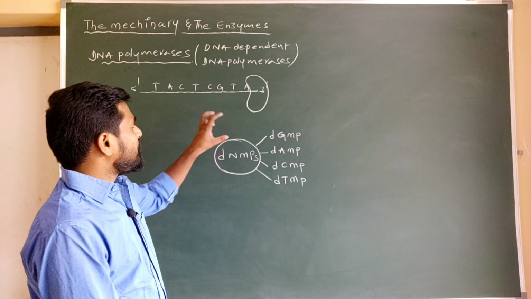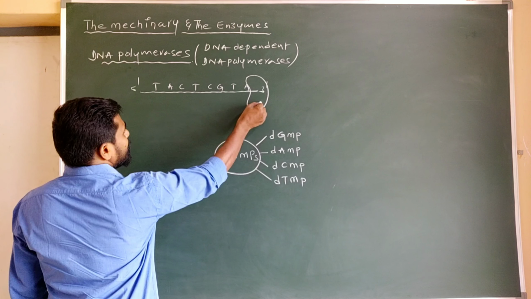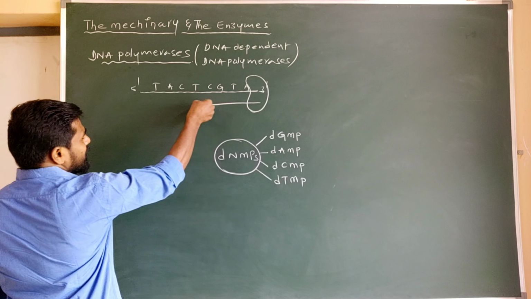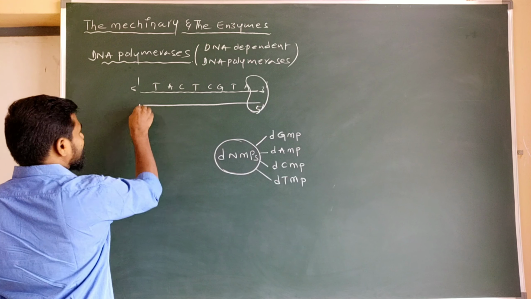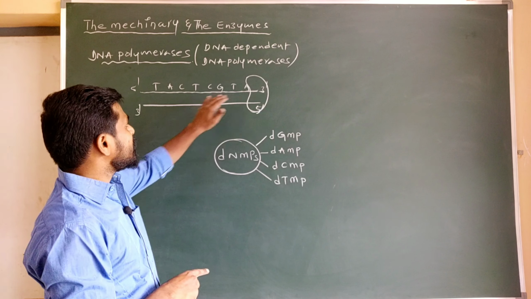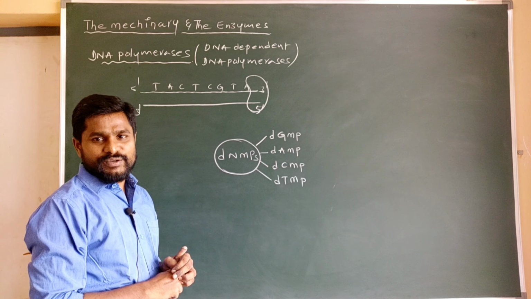So here the function of DNA polymerase is to polymerize this deoxyribonucleoside monophosphate in order to synthesize a new strand of DNA in 5' to 3' direction according to the sequence of nucleotides present on template DNA molecule.